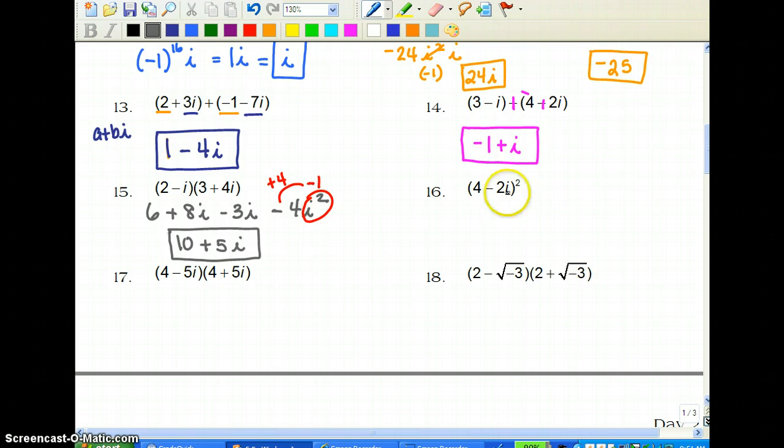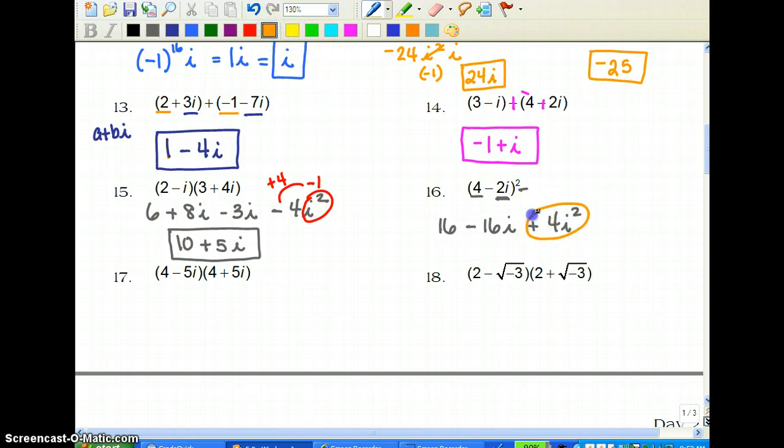Number 16, we should remember the pattern. Square the first one. Multiply them and multiply them by 2. 4 times negative 2 is negative 8 times 2 is negative 16i. And then square the last term. That would be plus 4i squared.